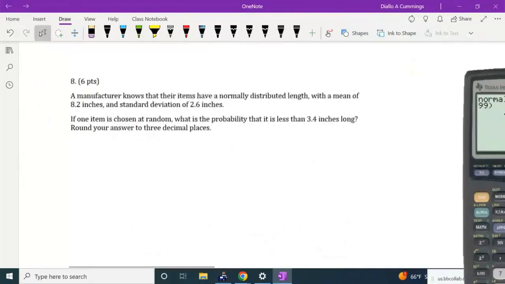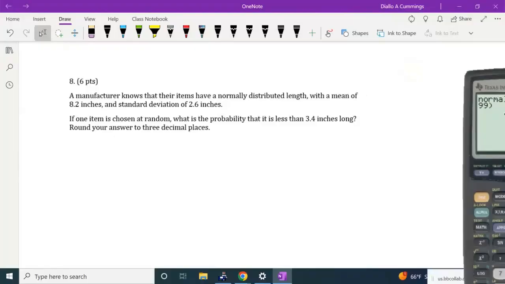All right, problem number 8. Okay, worth 6 points. A manufacturer knows that their items have a normally distributed length. So since they give us that this thing is normally distributed, it is a normal curve. All right, so we don't have to check anything.